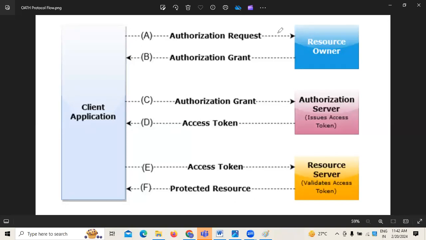Subsequently, if it is valid, whatever accesses and tokens are required will be given. This is where the access token comes into the picture.